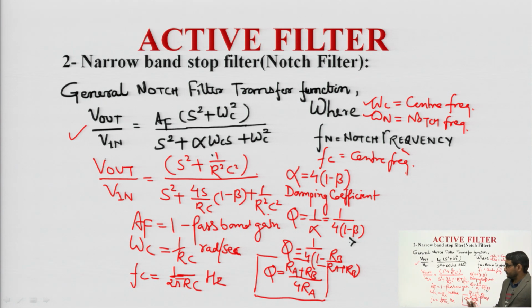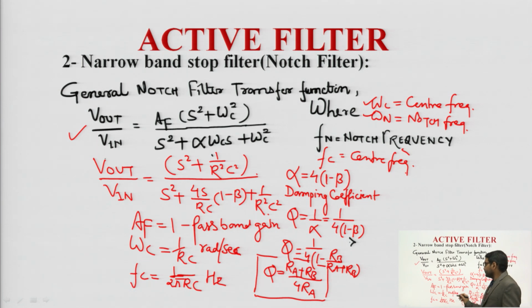Okay. This is the generalized transfer function of a notch filter, and what we get as the transfer function from our own circuit is Vout by Vin equals (S square plus 1 upon R square C square) divided by (S square plus 4 S RC (1 minus beta) plus 1 upon R square C square).